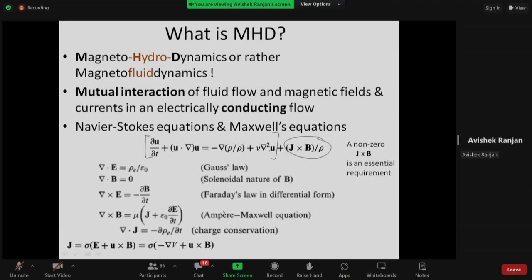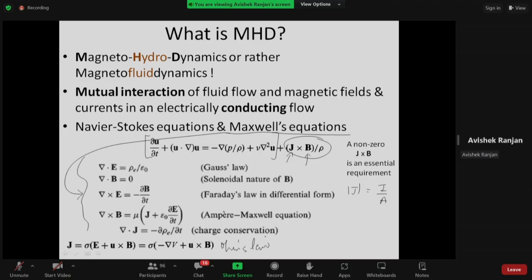Now in this there are two quantities, J and B. J is called the current density; you can think of the J magnitude as current I divided by area. B is the magnetic field intensity, also called the magnetic field, and for that we need all of these equations. These are called Maxwell's equations. The term Maxwell's equations is for whatever you see here, and we also need Ohm's law. So this is Ohm's law.